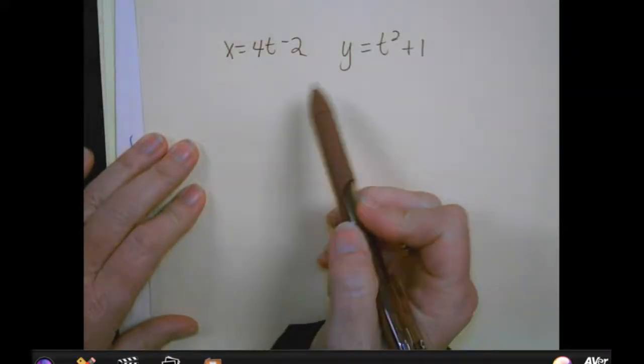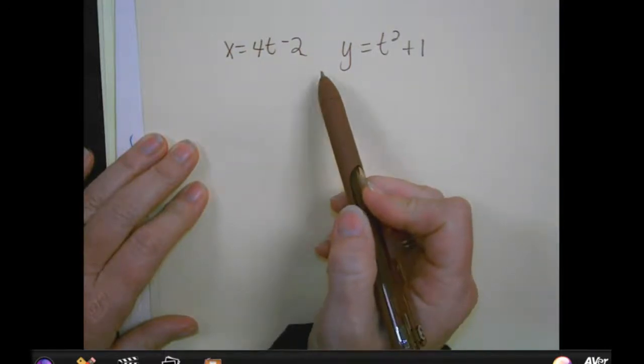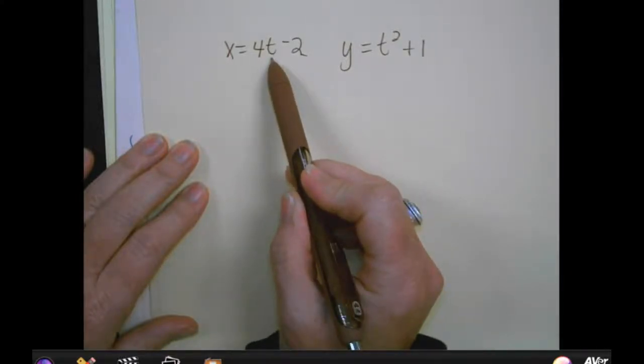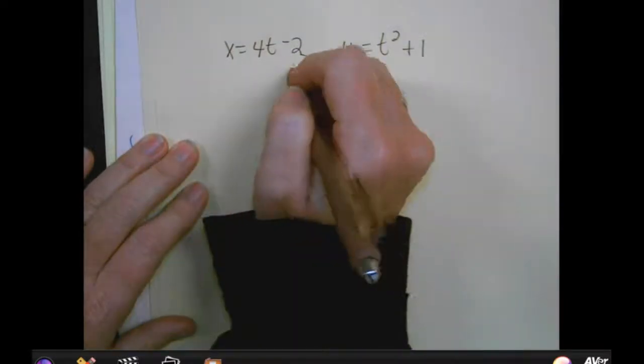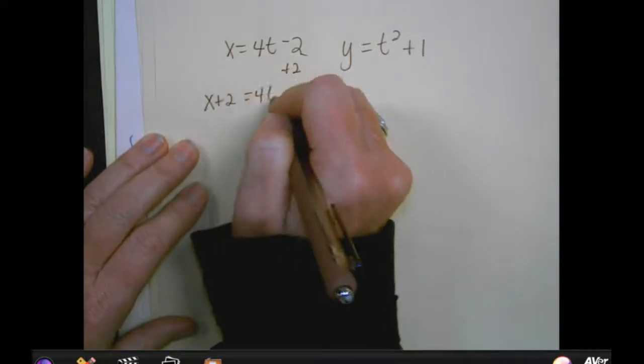So when I do this, I have to solve for t because I'm eliminating the parameter. So how am I going to do that? I want the t by itself. And then divide by 4. Okay, so I'm going to add 2 and divide by 4.